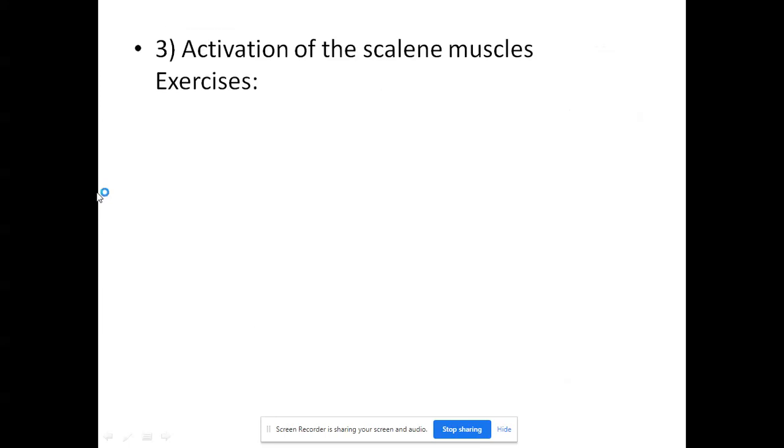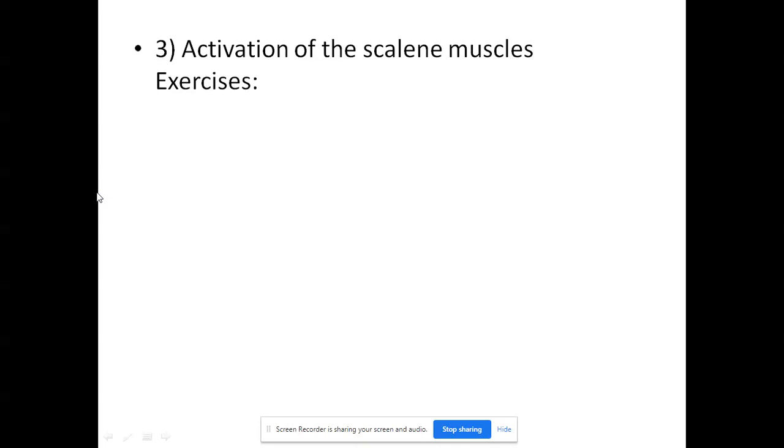Coming to the third one, activation of scalene muscle. Though we have already seen that the scalene undergoes hypertrophy or spasm, which can lead to compression of the neurovascular bundle passing within it, please remember that a tightened muscle is also weak compared to the normal muscle. But when a tightened muscle is compared to a weakened muscle, it is 20% stronger than a weaker muscle.